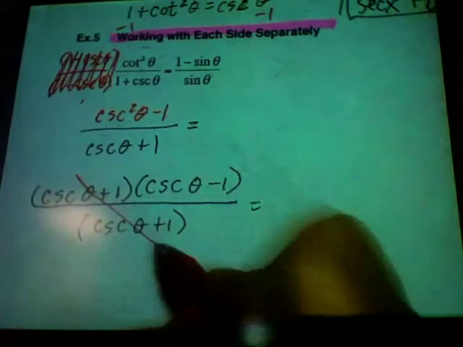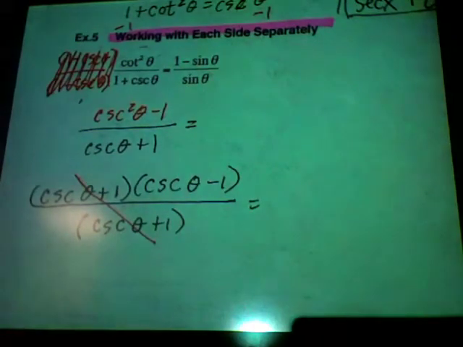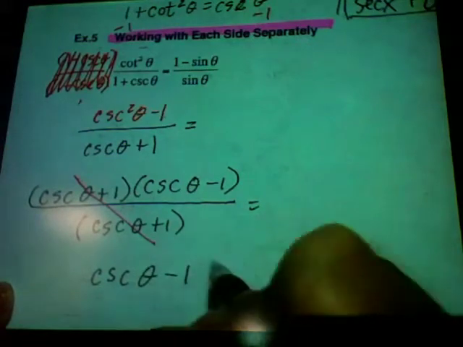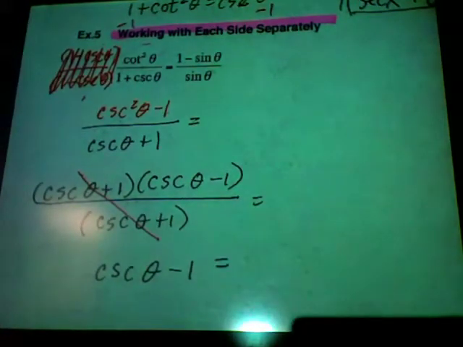And then these cancel out. And I get down to cosecant of theta minus 1, which is somewhat simple, right? So let's work the other side and we'll see if we can get the other side to cosecant of theta minus 1.